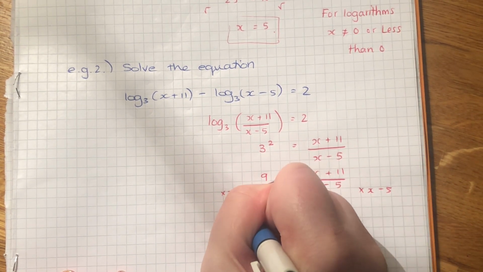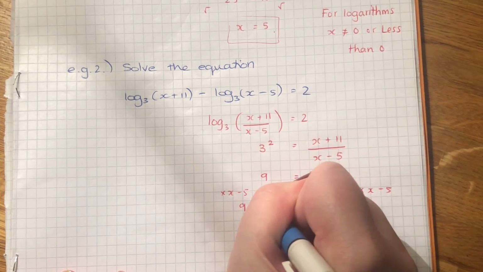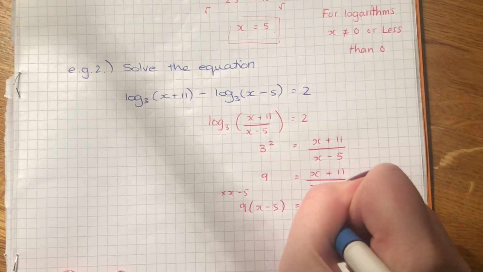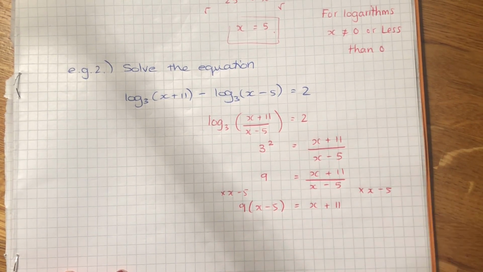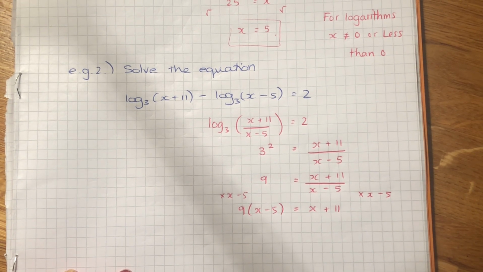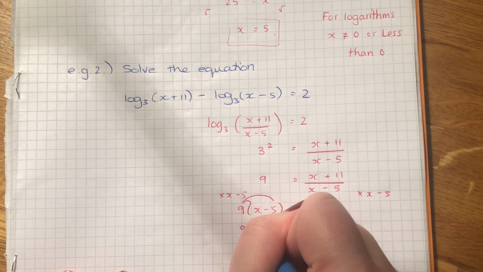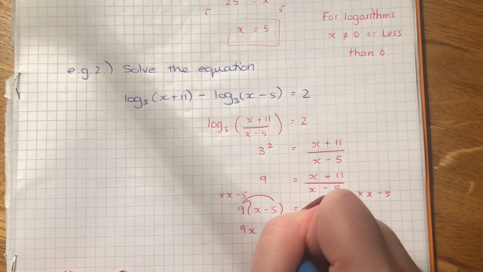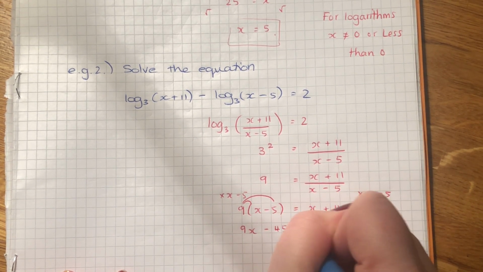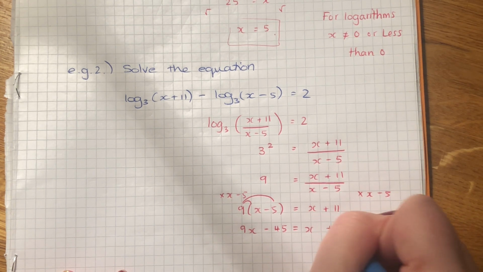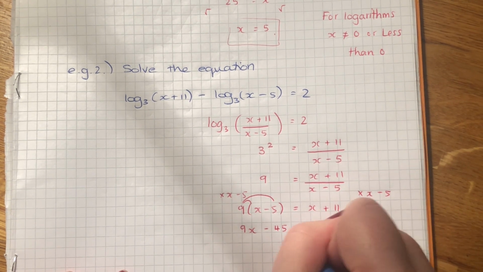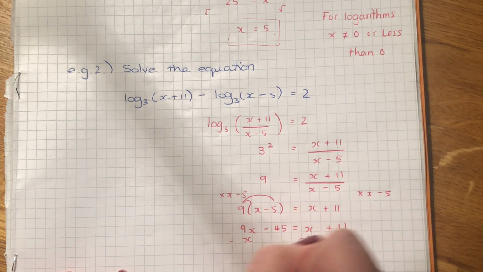Okay, I'm just going to put it in brackets, so 9 bracket x minus 5 is equal to x plus 11. Okay, expand the brackets, so we get 9 times x, which is 9x, 9 times minus 5, which is going to be negative 45, is equal to x plus 11, and you just carry on like that. So take away x.